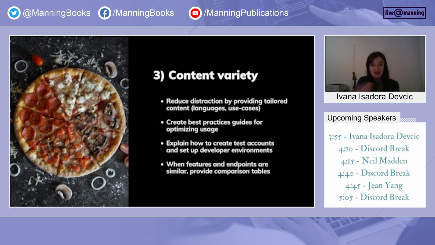So instead of distracting users with a list of all languages and libraries you support at the top of every article, let them choose just one language and then show only content relevant to that. You can also try creating best practices guides, but make them specific, make them focused on a particular aspect of your API usage. For example, how to optimize their usage if you have rate limiting, or how to improve performance when working with large data sets.